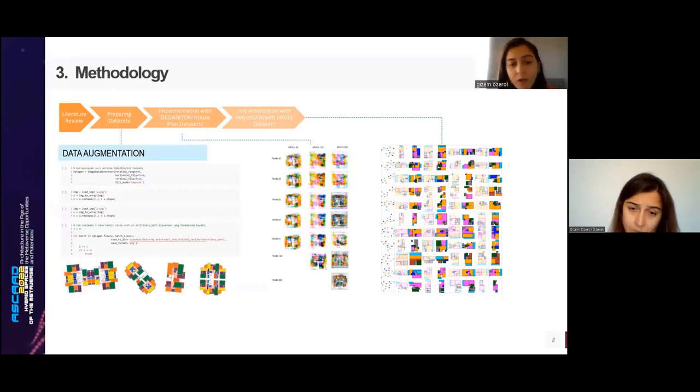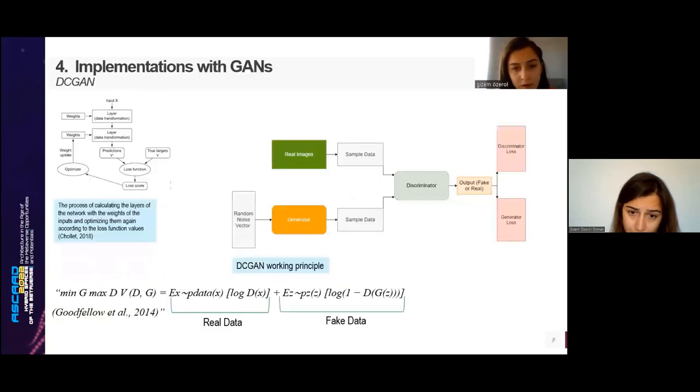And after that, we implemented our DCGAN, which is a basic GAN algorithm. And we tried to train our datasets by increasing each epoch level. And after that, we tried to understand how the graph layout generations and the raster image generations differ from each other. So the Hausgal methodology was useful to see this.